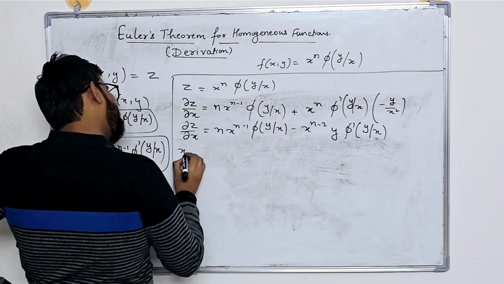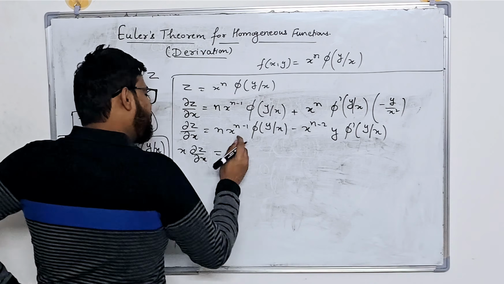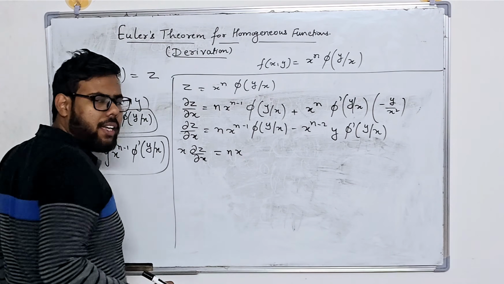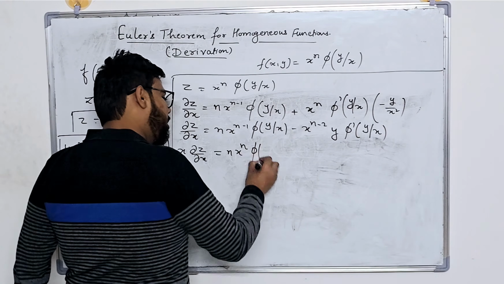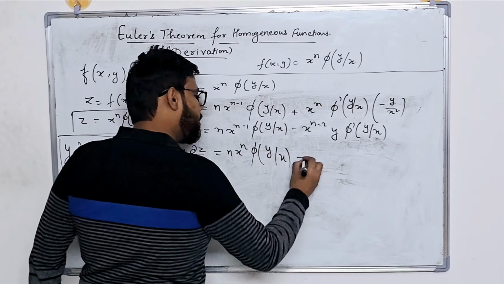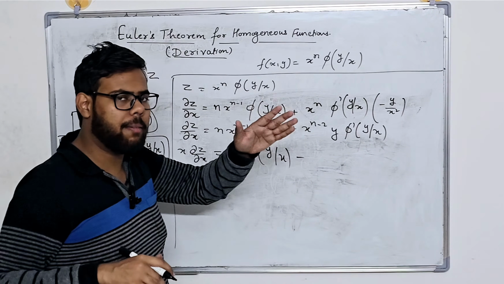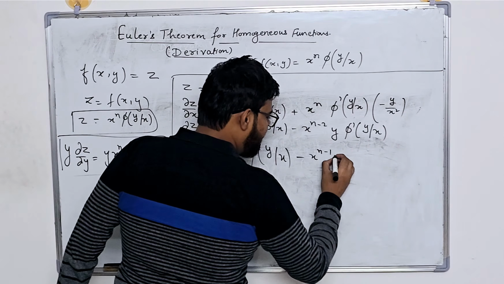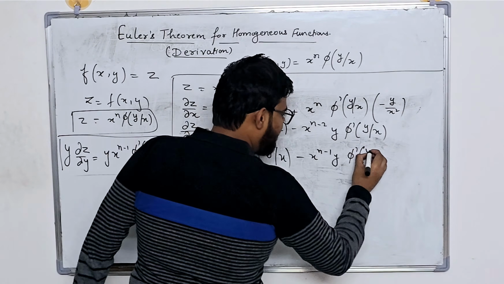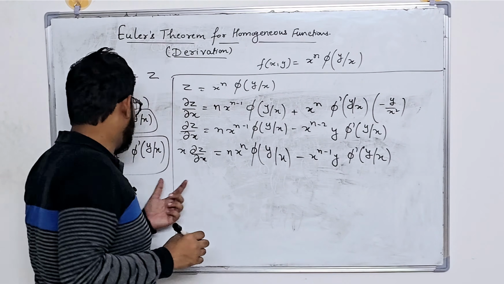So x del z by del x is equal to n x to the power n minus 1 into x, which is x to the power n, phi of y by x, minus x to the power n minus 2 into x, which is x to the power n minus 1, y phi dash of y by x. You get this expression. Now let me write it over here.